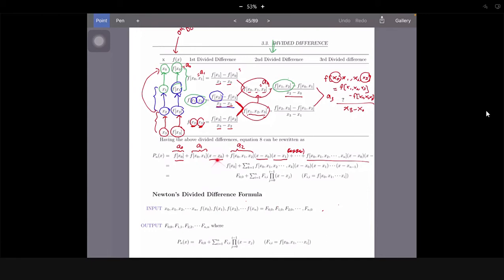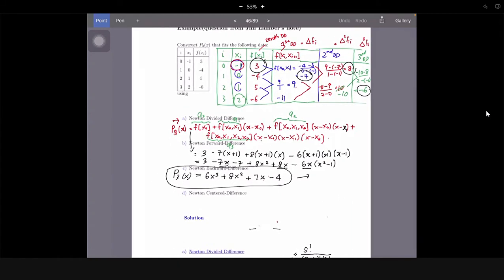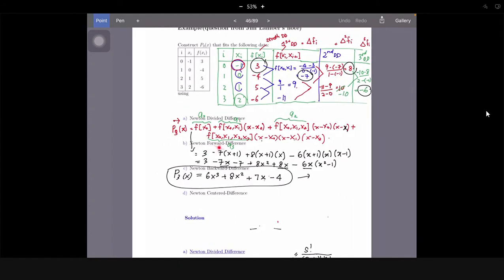Tu adalah Newton. Okay, dengan nama lain dia dipanggil Newton divided difference. So dia ada lagi yang lain iaitu forward divided difference dan juga backward divided difference dan juga Newton centered difference. Kalau kita ikut latihan yang kita diberi tu, keempat-empat table ni ada yang sama, ada yang tak, depends kepada formula.